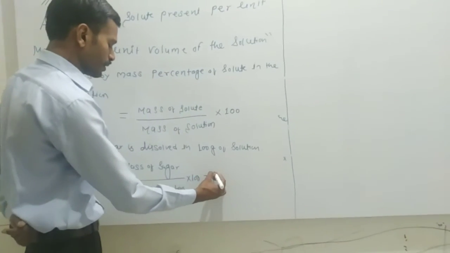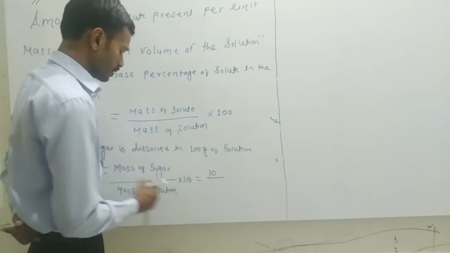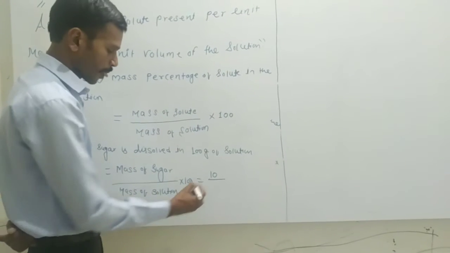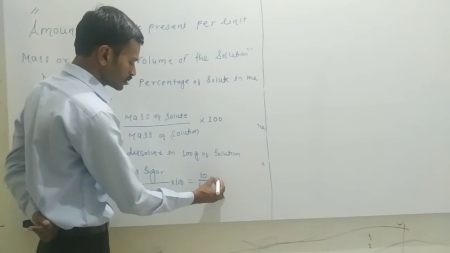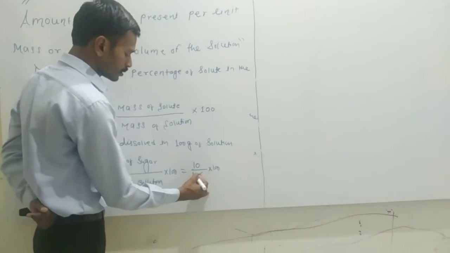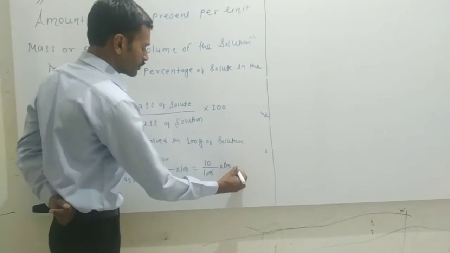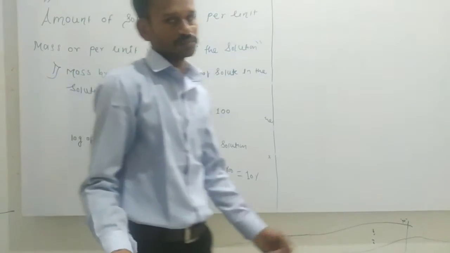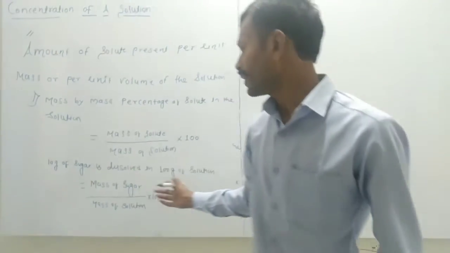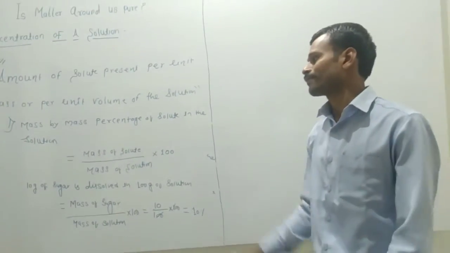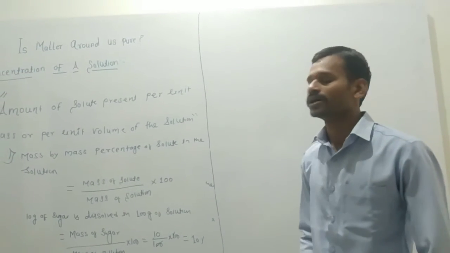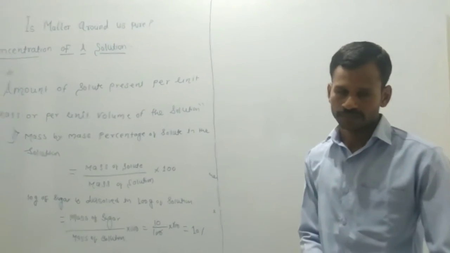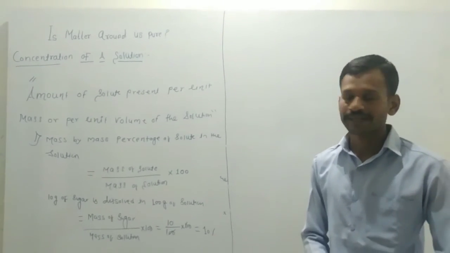So 10 is the mass of sugar, the solution is 100, so it becomes 10%. This is the simple way to find the mass by mass percentage of solute in the solution. I think you understand. That is the first.